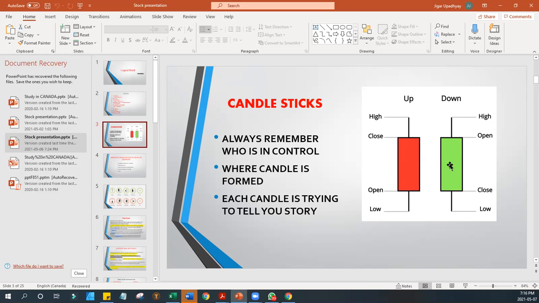The red or green part you are seeing is the body of the candle. The stick you are seeing is called the wick, which identifies the high and the low of the candle.